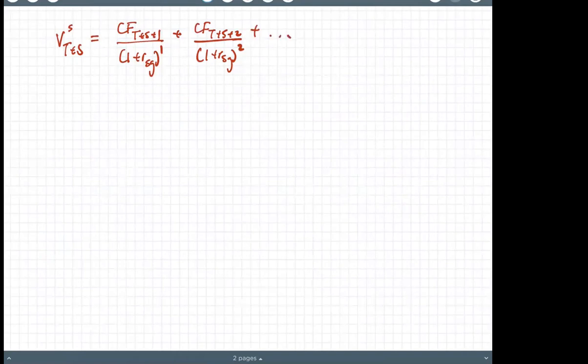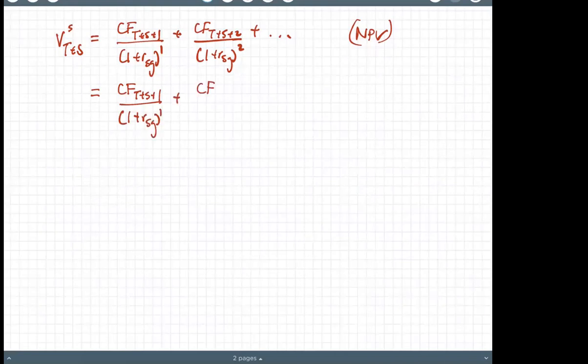This is just NPV, right? But since we assume a constant growth rate, this is equal to cash flow t plus s plus 1 over 1 plus RSG, plus cash flow t plus s plus 1 grown by the stable growth rate for 1 period over 1 plus RSG squared, forever. This is just a growing perpetuity.